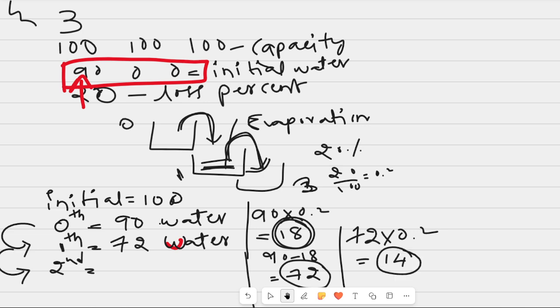So 14 is the loss of water. We need to subtract it from the total received from the first chamber, that is 72 minus 14, which is equal to 58. So that is the water that will be stored in the second chamber.